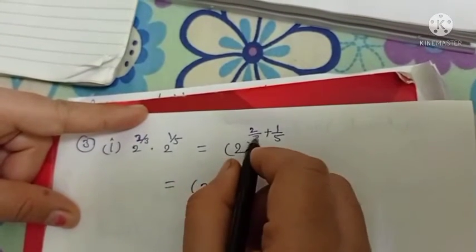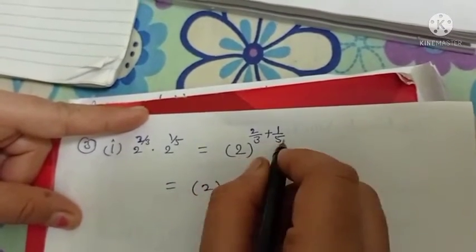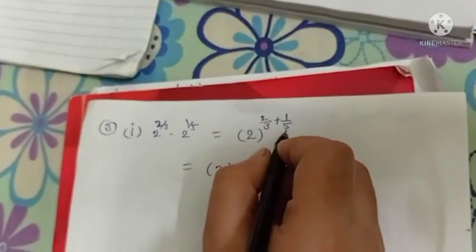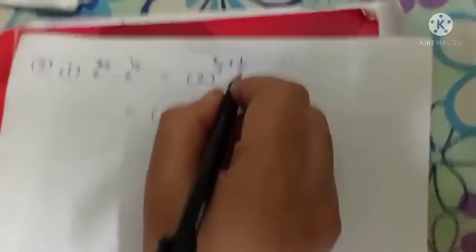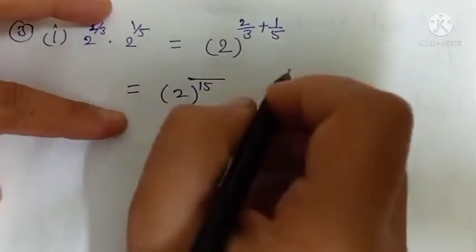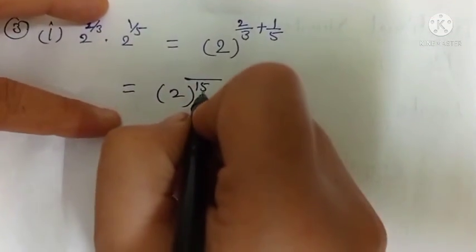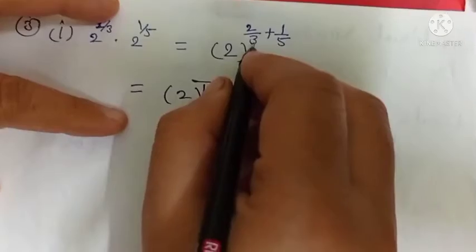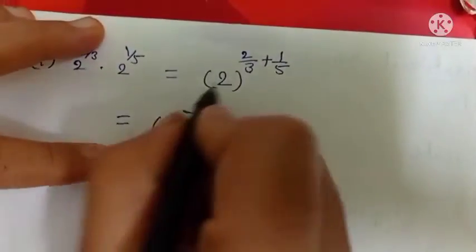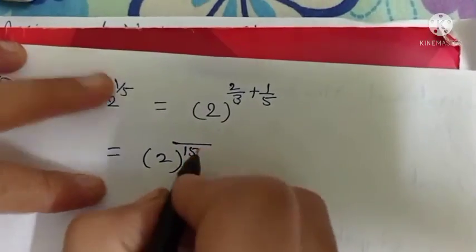Now these are in a p upon q form. So we have to take the LCM of 3 and 5. So LCM of 3 and 5 is 15. Now 15 divided by 3 is 5 times, and 2 is multiplied by 5.